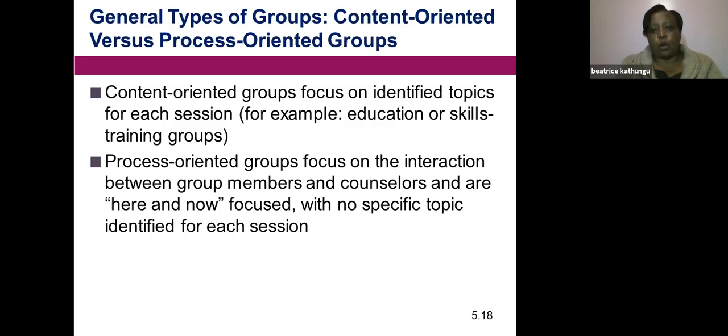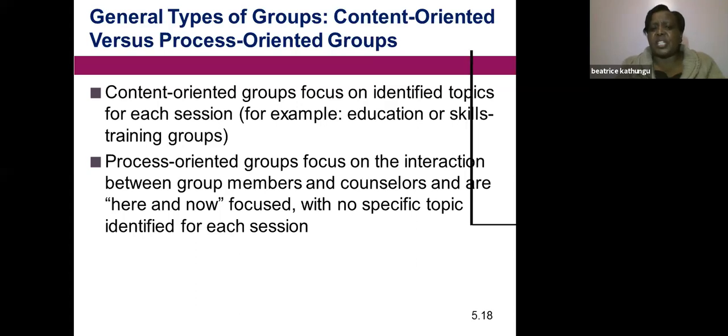So a content-oriented group is a group that focuses on a certain identified topic for each session. For example, a group doing a psychoeducation session on assertiveness training or on relapse prevention training. That is the content of that group. So when you meet, the content is clear, you focus on that, members work on that content, anything outside that content is considered not relevant, and once you've achieved the goals for which you set up that group, it is over.